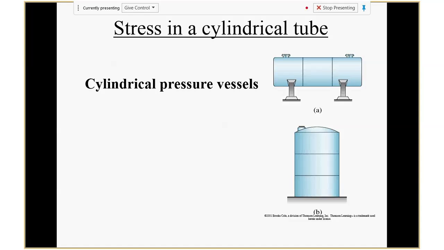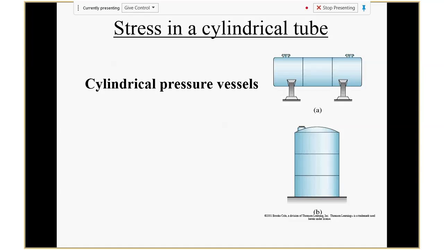For example, when you drive around, you see lots of containers that look like this, a cylindrical shape, or sometimes a spherical shape, like a water tower.